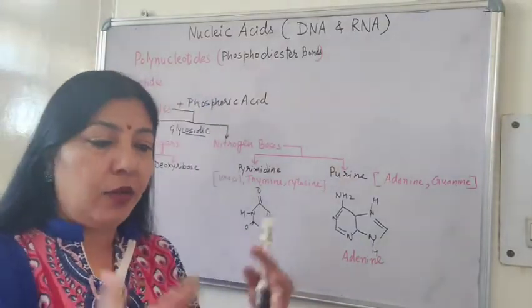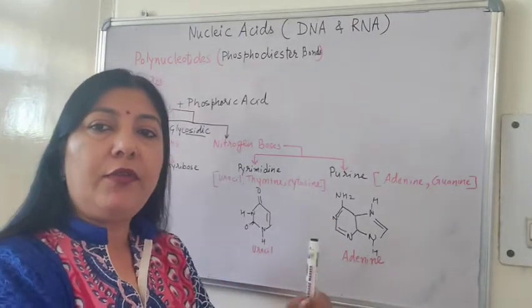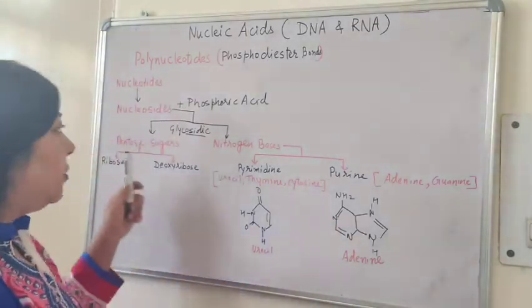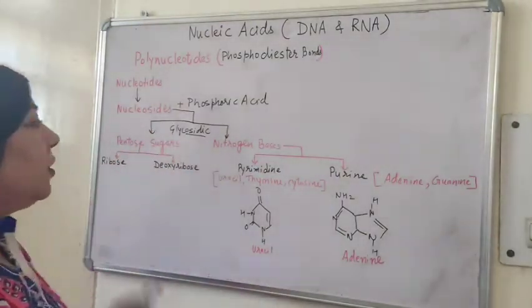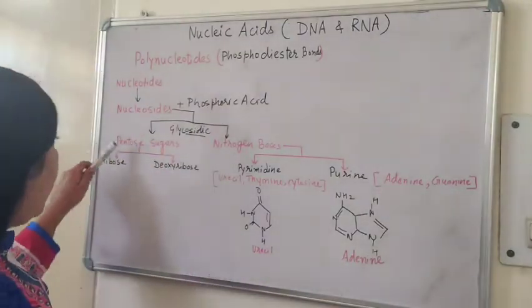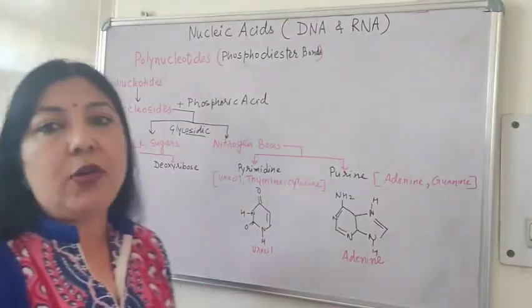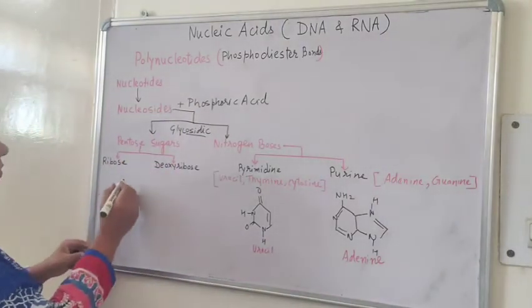These glycosidic bonds, they hold one pentose sugar and one nitrogen base. So these pentose sugars, we have already studied about the pentose sugars. They are ribose and deoxyribose. You know the structure of ribose and deoxyribose.